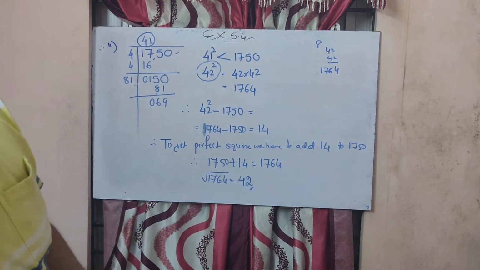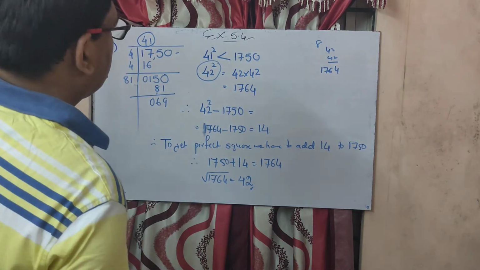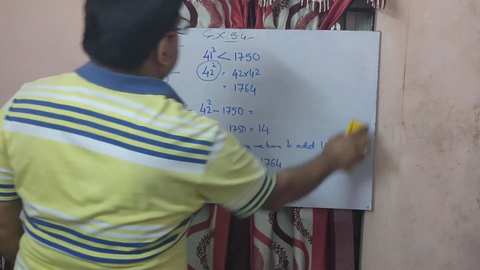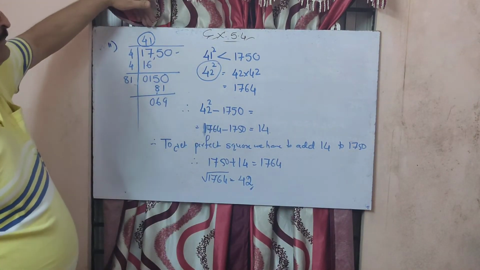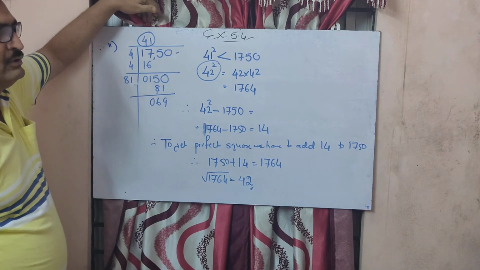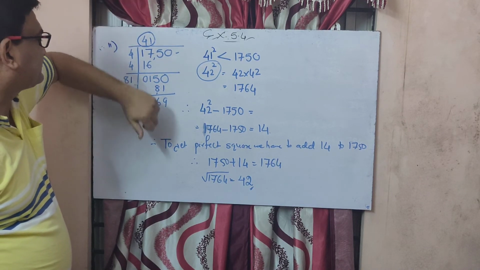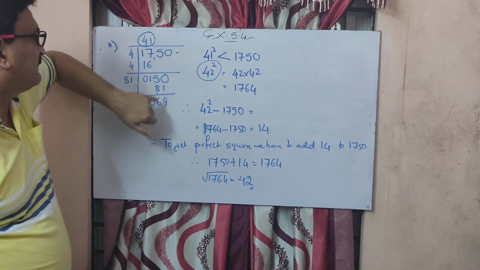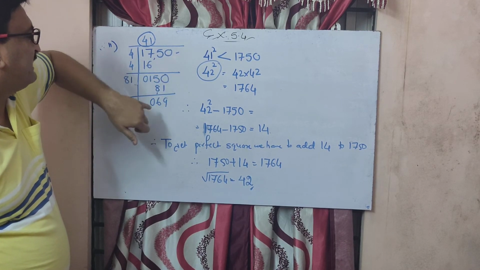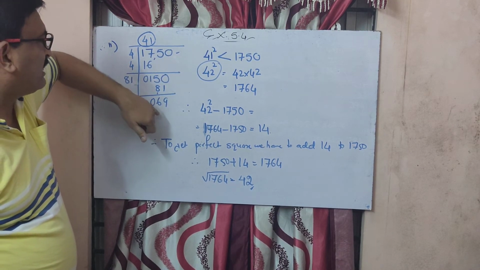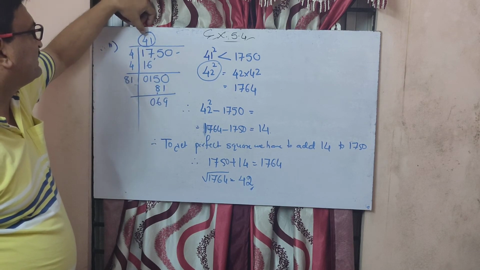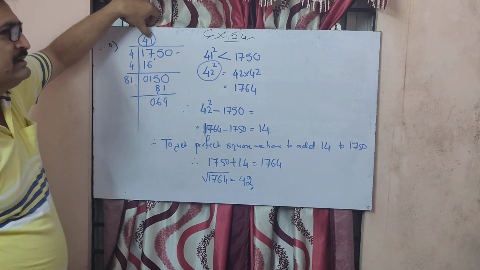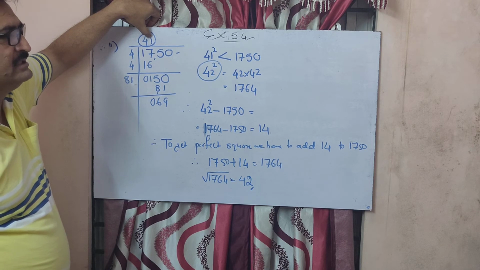Next one, I will do the third one now. Just remember one thing. In the previous example, in the fourth question, what did we do? We subtracted this number from the given number, 1750 minus 69. Now what are we doing here? We are taking the next square of whatever we get here by division.